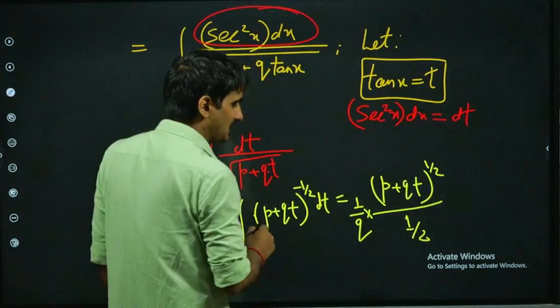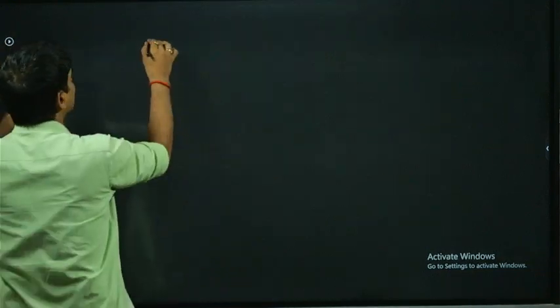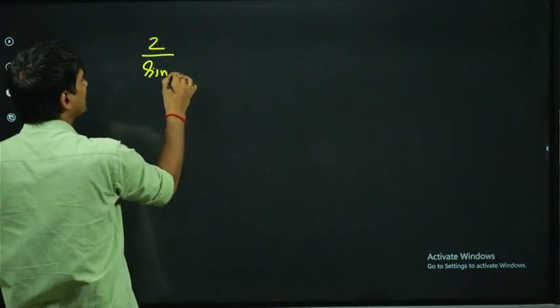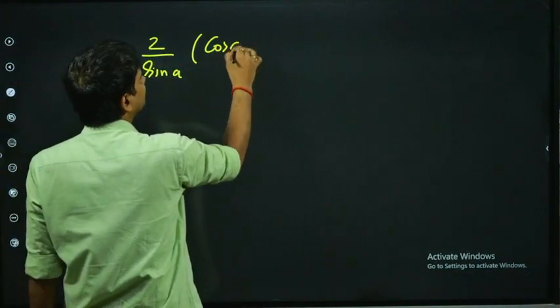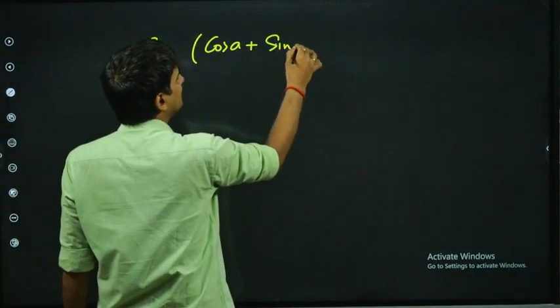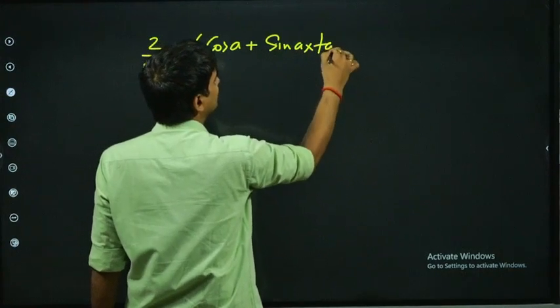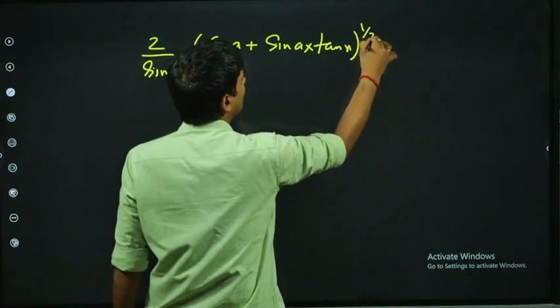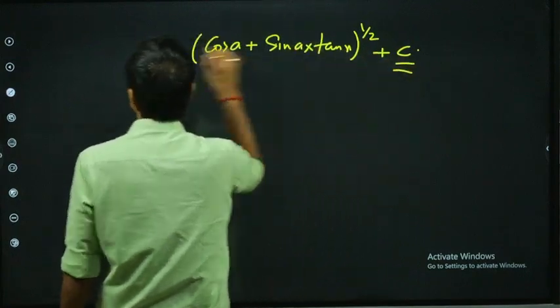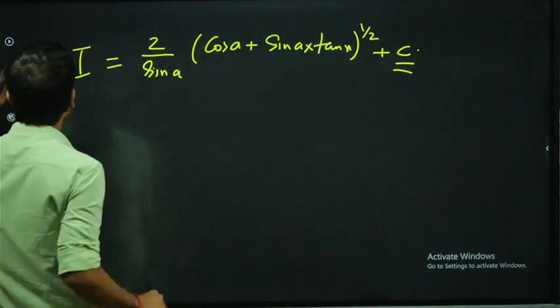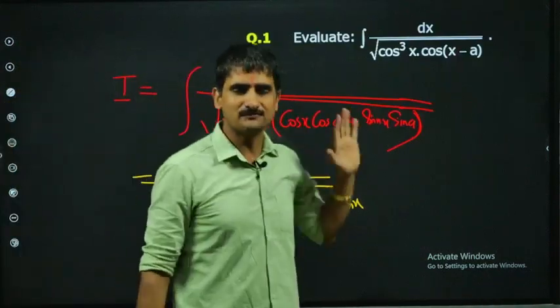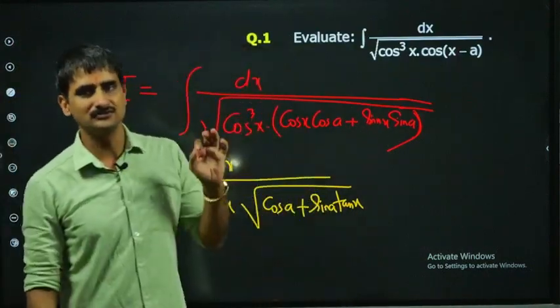So the final answer should be 2 by q, so 2 by sin a, into (cos a plus sin a into t, which is tan x) whole raised to the power half, and of course we won't forget to put the indefinite integral constant here. So that was the first question of indefinite integration to start with.